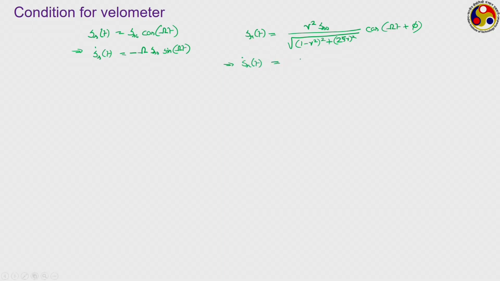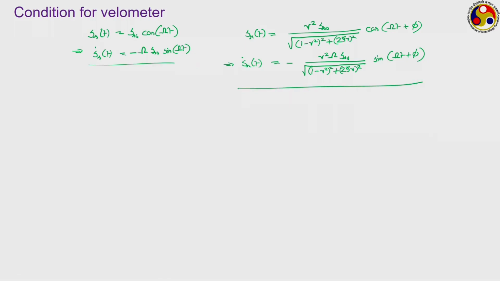If you differentiate with respect to time, what are we going to get? We are going to get minus of r square omega S_s0 into root over (1 minus r square) whole square plus (2 zeta r) whole square, into sine of (omega t plus phi). So, compare this particular form with this particular form.